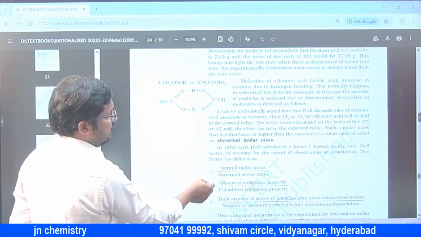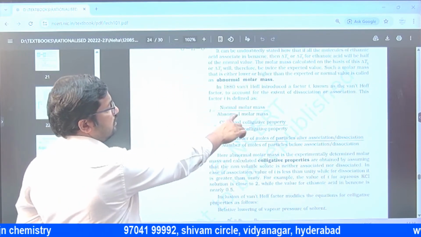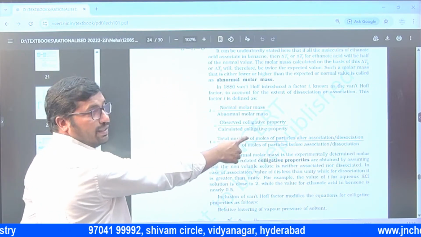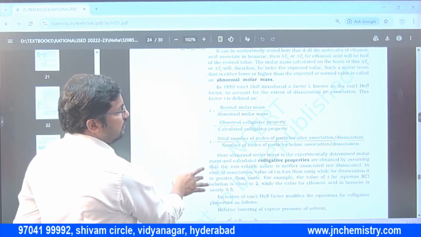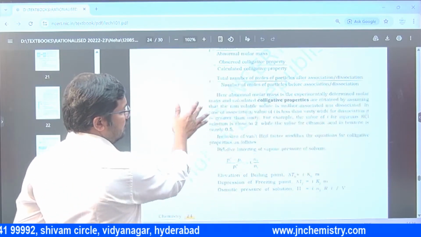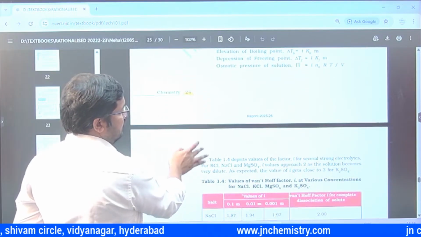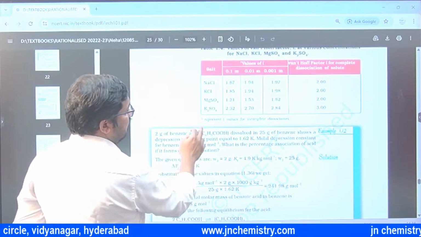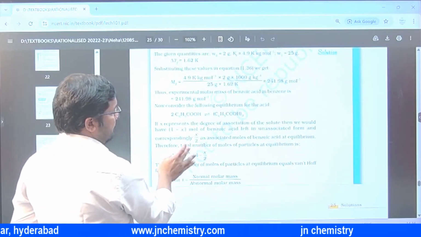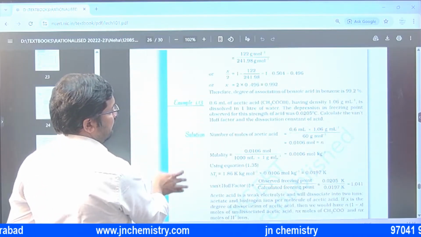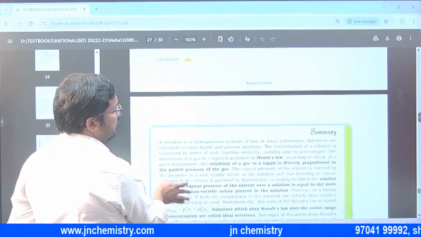For degree of association and dissociation, I told you i is equal to normal mass over abnormal mass observed, colligative, because both are in inverse relation. i is equal to total number of moles after over before. Based on that, we just calculated. For NaCl we will take 2, right? Put the i values and we'll get that.